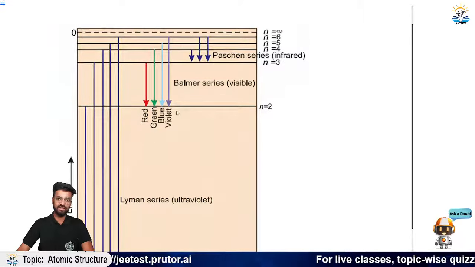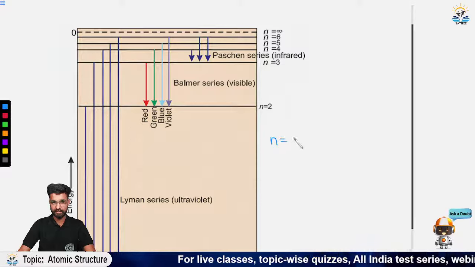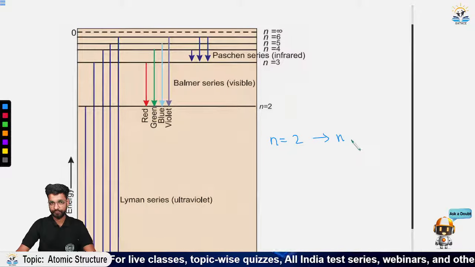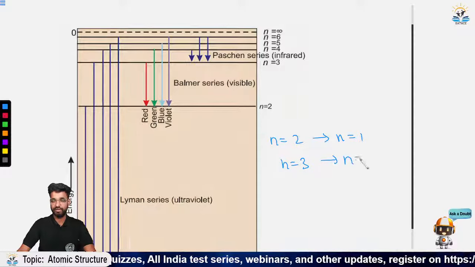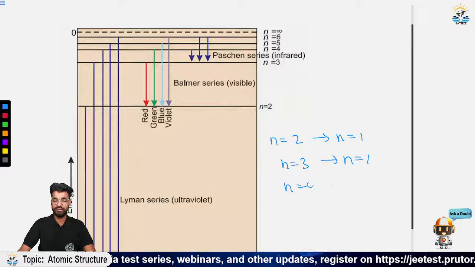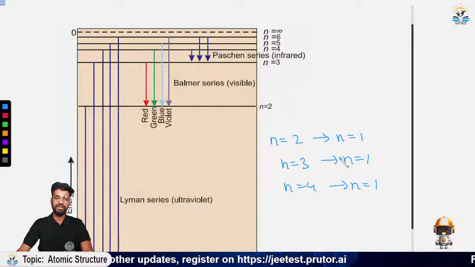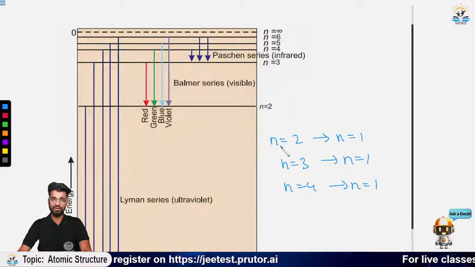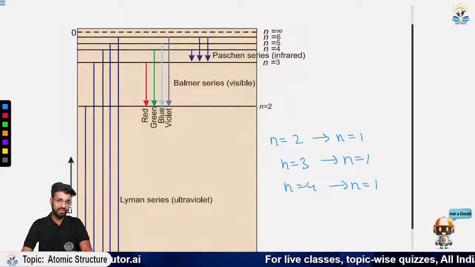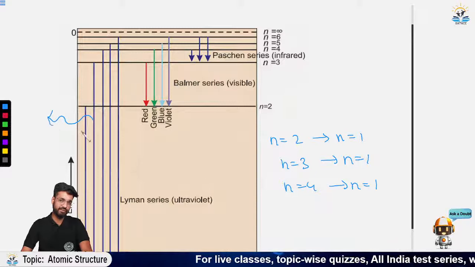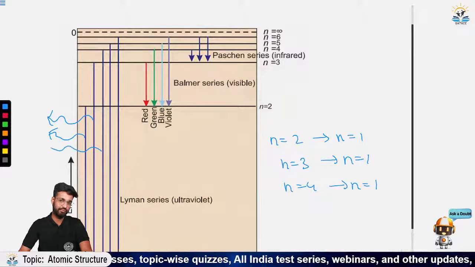So we have the transition from n equals 2 to 1, then n equals 3 to n equals 1, then n equals 4 to n equals 1. For each of these you will get some amount of energy released, and as this transition is made, energy is released in the form of photons.